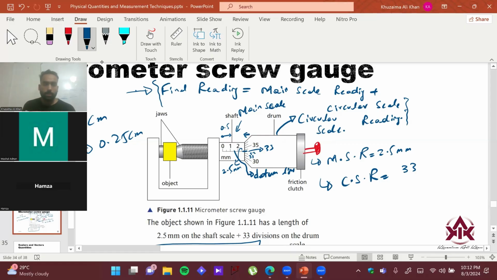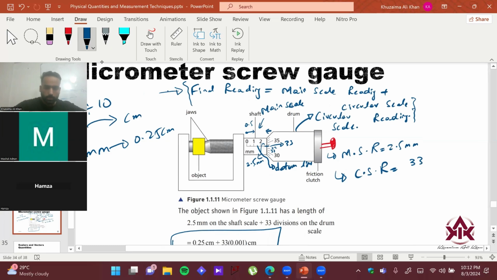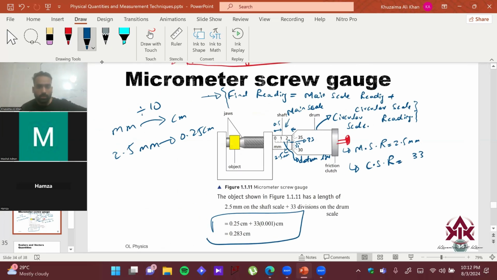So now 33 what? You would have to divide by 100 over here, because the scale is scaled down. You have to multiply with this particular factor, 1/100th of 1 millimeter.